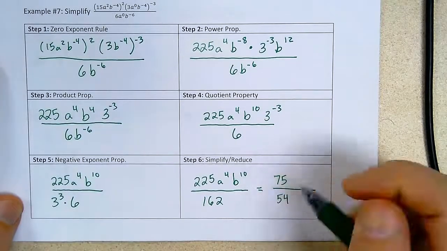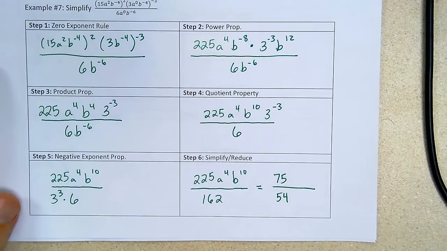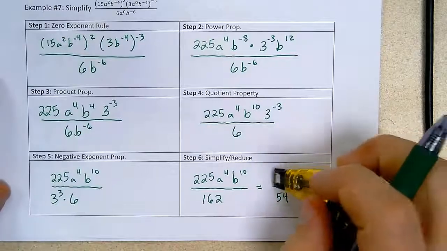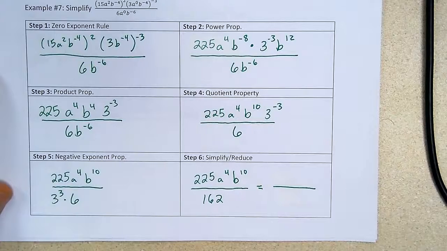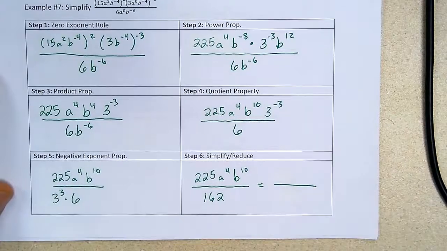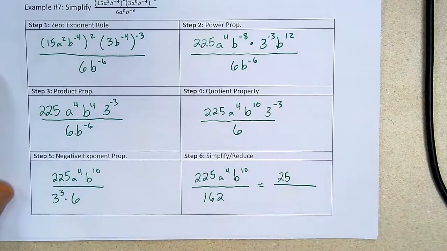Ooh, can that go even further? It can go further. They're both divisible by 9. 225 divided by 9 is 25, and 162 divided by 9 is 18.